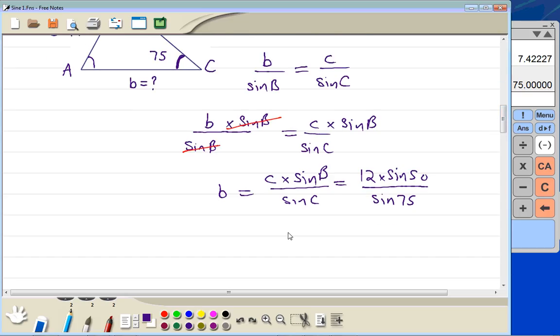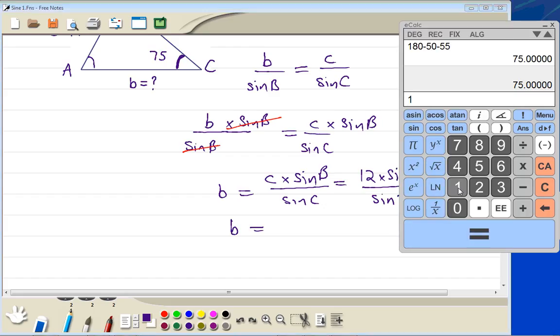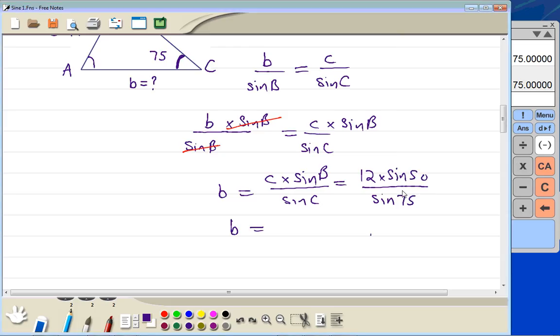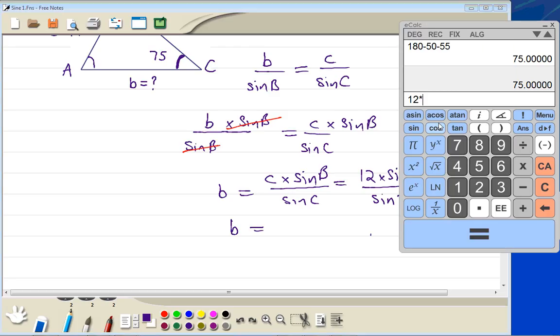Then we use a calculator, so type 12, then times sine 50, then divided by sine 75, close bracket, equal sign.